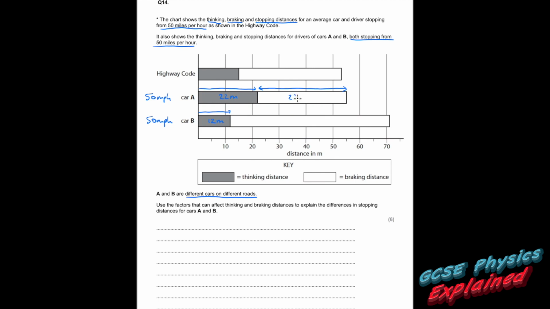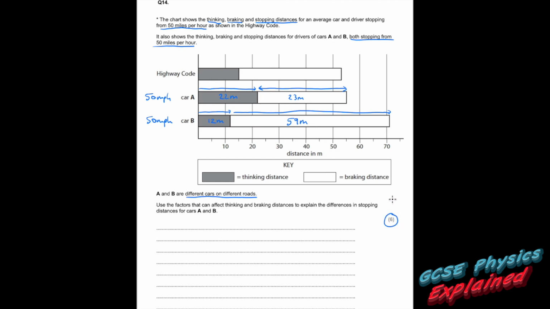So that's 23 metres. And the braking distance for car B goes from 12 to about 71, so that's 59 metres. So we'll probably get some marks if we just quote those values, and then we'll say for 6 marks why they differ.